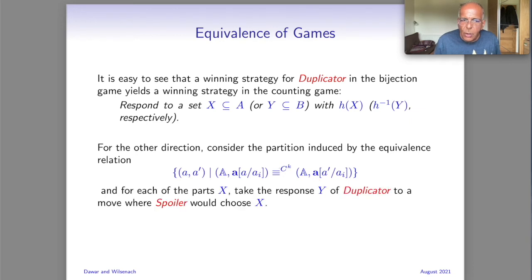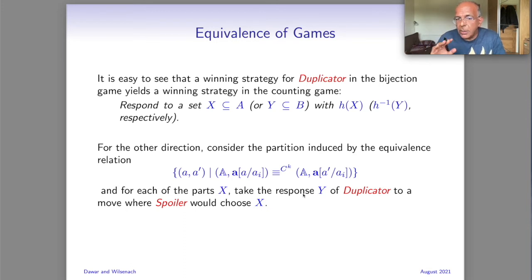You look at each of the parts of this partition, and by hypothesis, if spoiler were to choose that set, duplicator has a response on the other side in the counting game, of the same size. And the point is those responses must form a partition of B, right?